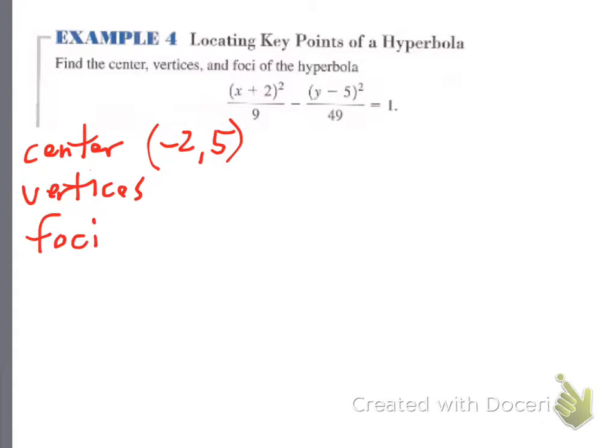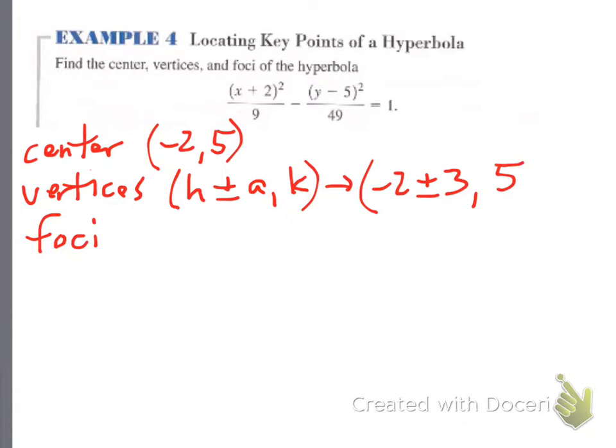So that means that our foci and our vertices are going to be h, k plus or minus a, because the bigger number is under the y. So -2, 5 plus or minus. Now a is square root of 9, 3.